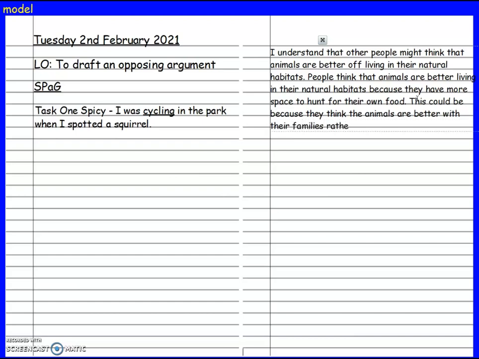I'm going to add a little bit to this. Rather than living with zookeepers or other animals they are not used to. Okay, so that's showing that you understand that other people have different opinions and you're trying to rationalise it. You're saying why, so you're explaining why with your because. Okay?